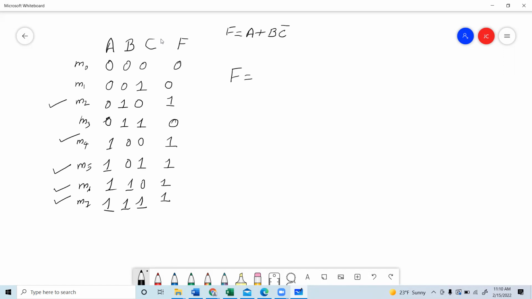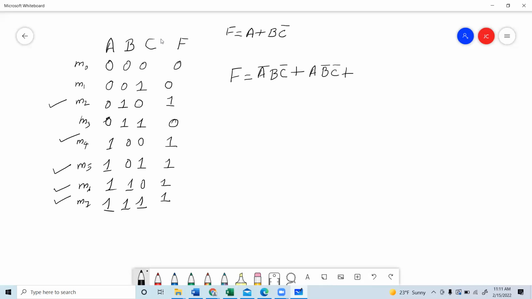So for this one, the output is 1. A is 0, B is 1, and C is 0, so I will write A bar, B, C bar. I'm not using prime, I'm using bar. This is 0, 1, 0. And plus for the min term M4, the output is 1, so I will write A, B bar and C bar.